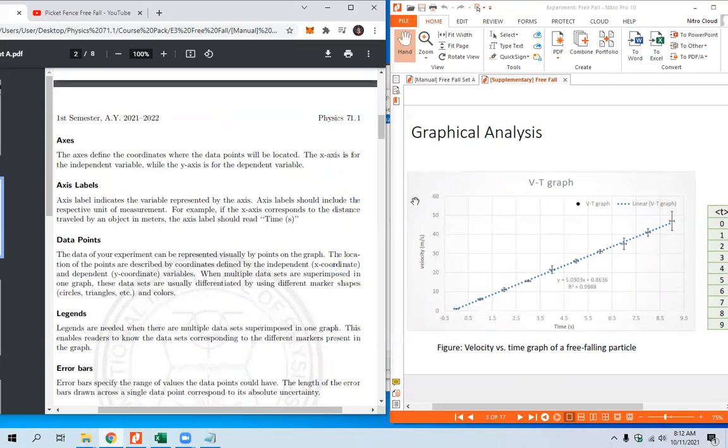So these are coordinate systems kung saan nilalagay natin yung ating mga data. We are plotting our data against these coordinates. Normally, yung x-axis, which represents your independent variable, ay dito sa horizontal x-axis. Habang yung dependent variable naman ay sa y-axis.